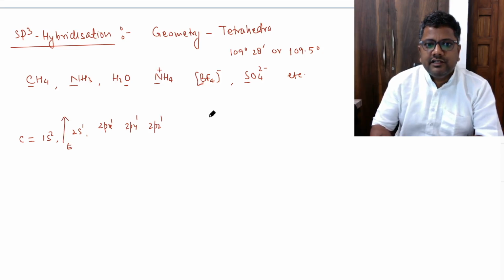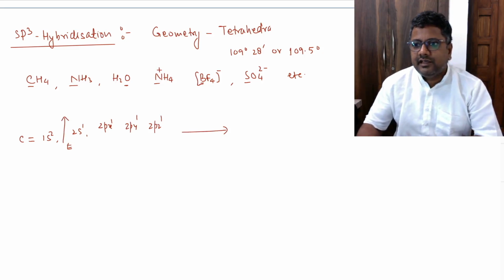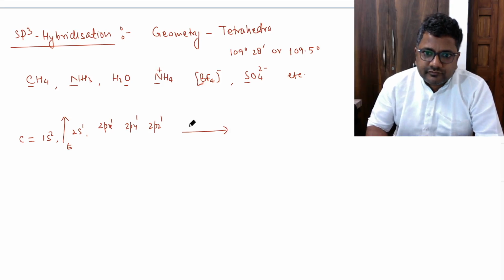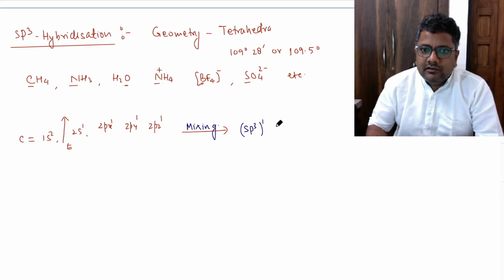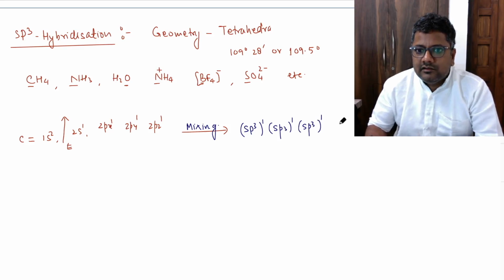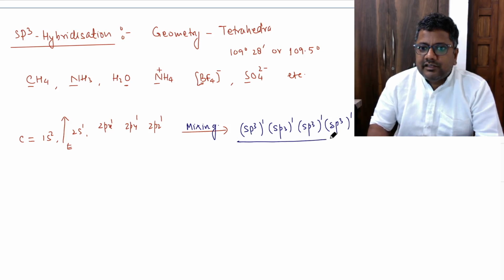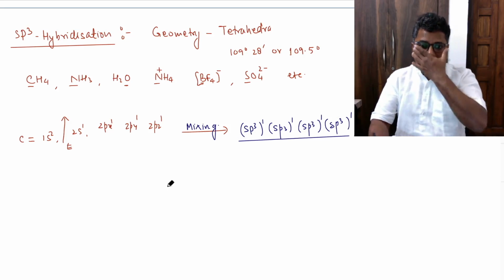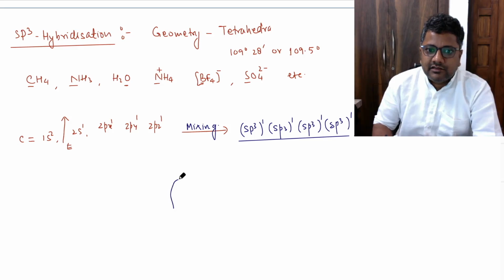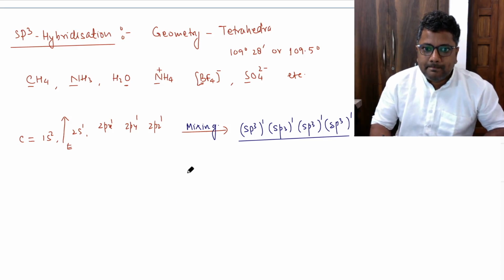This is the energy, and after mixing, they will produce sp3 1, sp3 1, sp3 1, and sp3 1. Four sp3 hybrid orbitals, each have one electron. What is the orientation? 109 degree 28 minute, tetrahedral.